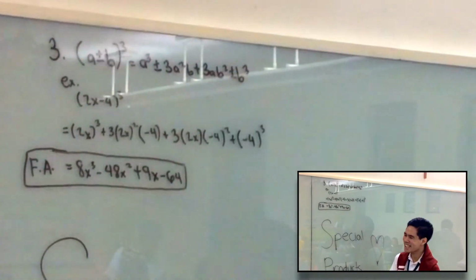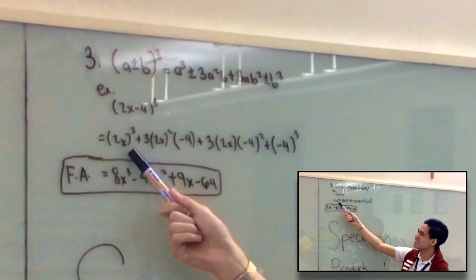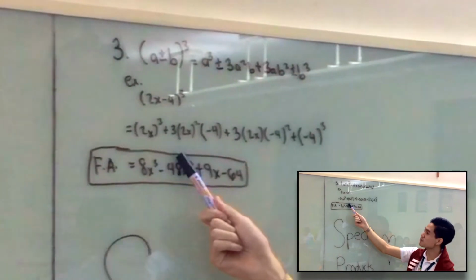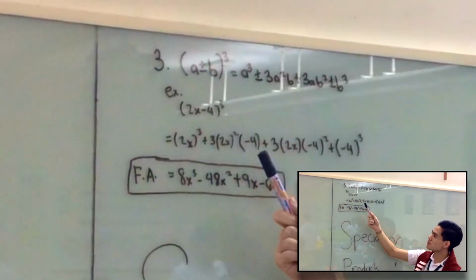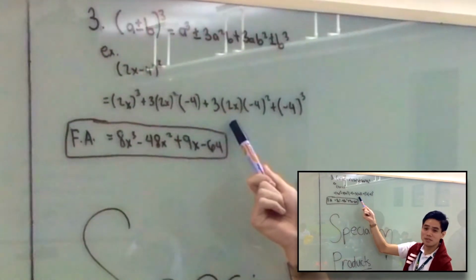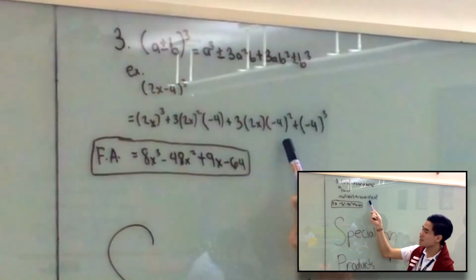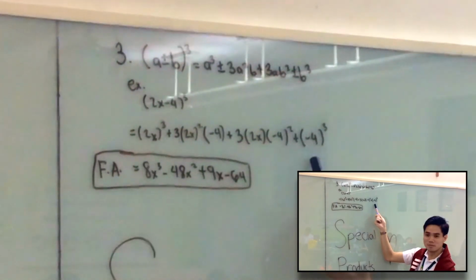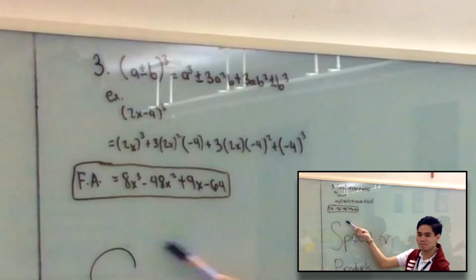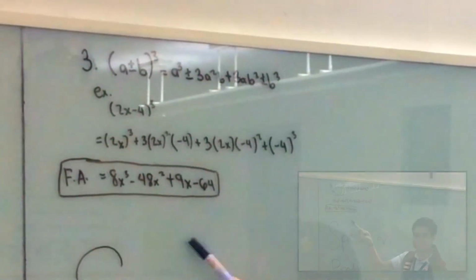We will now multiply it. So we will get (2x) raised to the third power plus 3 times (2x) raised to the second power multiplied to negative 4 plus 3 multiplied to 2x multiplied to (negative 4) raised to the second power plus (negative 4) cubed. Our final answer would be 8x cubed minus 48x squared plus 96x minus 64.